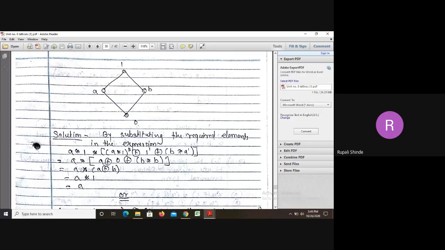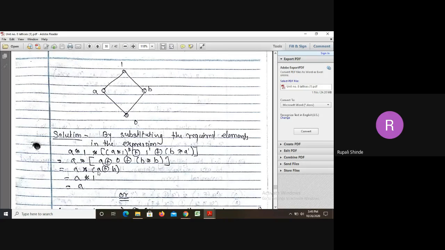Again we can simplify this one as A star A XOR 0. So A XOR 0 is the least upper bound of A and 0. What is the value for this XOR operation?